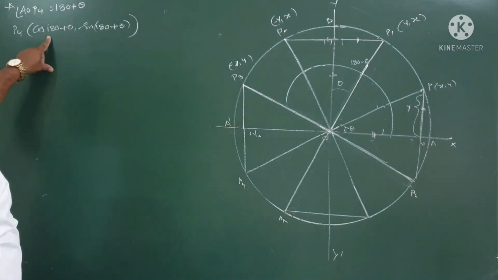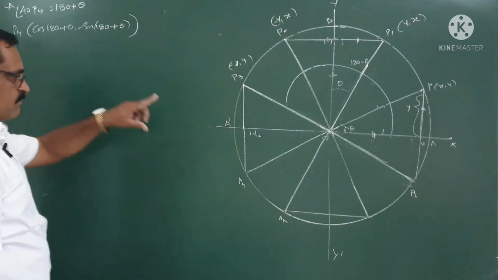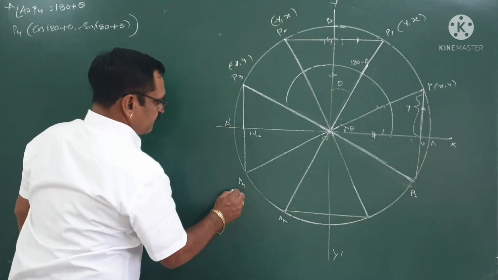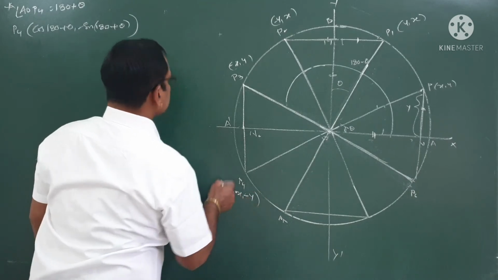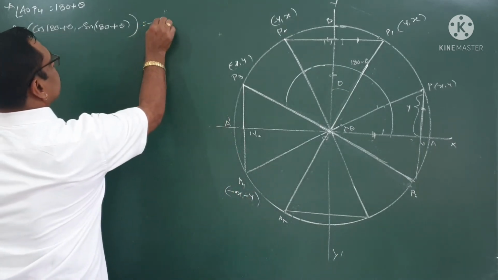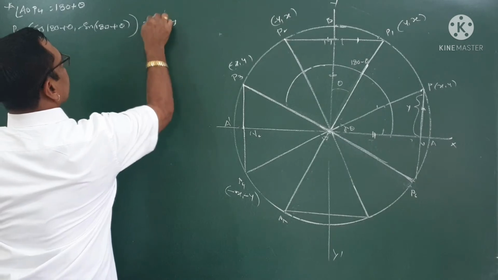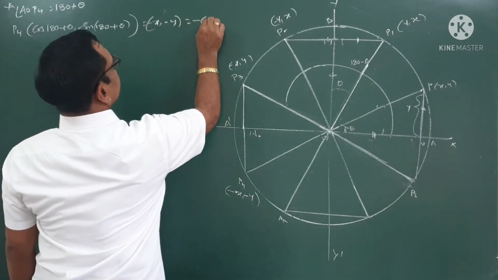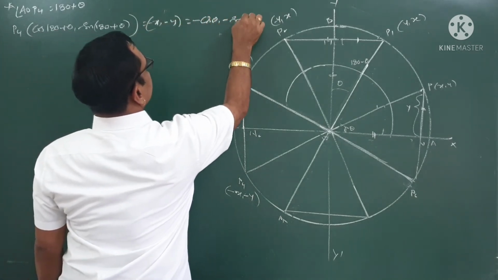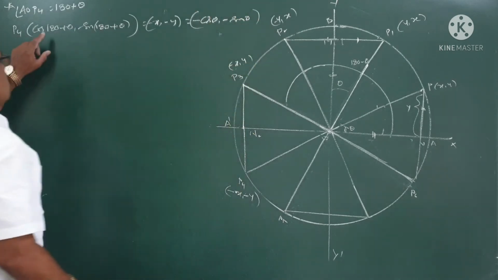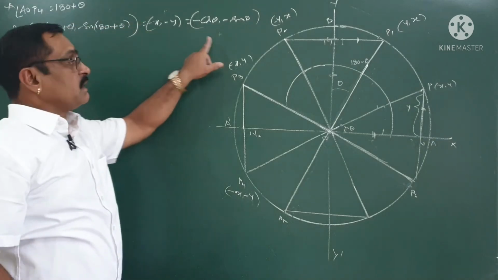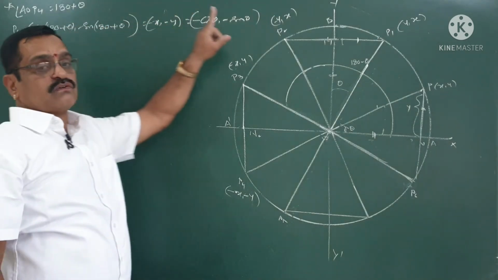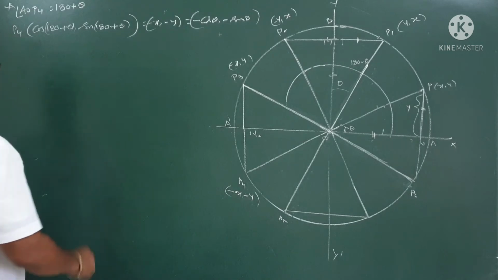Based on the congruency, the coordinates are minus x comma minus y, which is minus cos theta comma minus sin theta. That means cos of 180 plus theta is equal to minus cos theta, and sin of 180 plus theta is equal to minus sin theta.